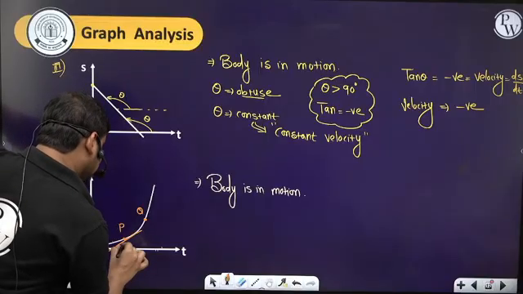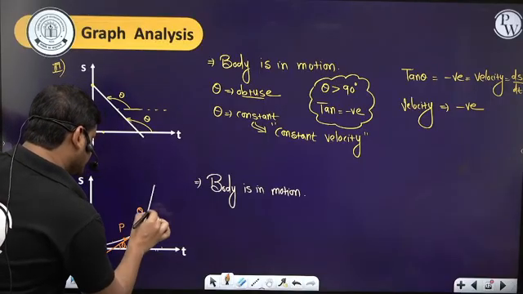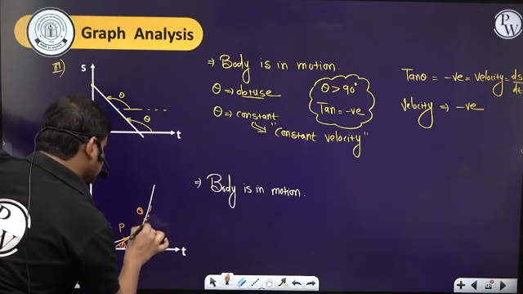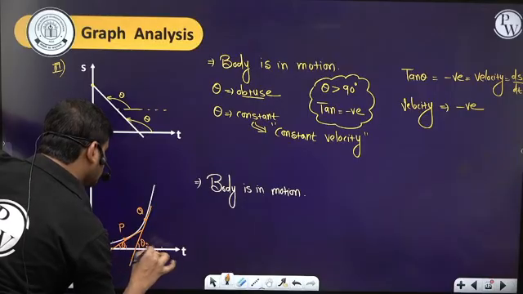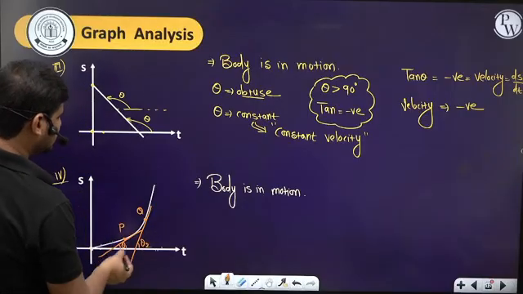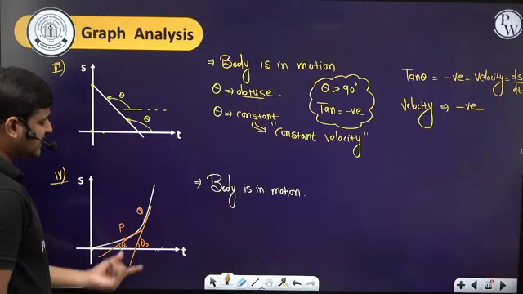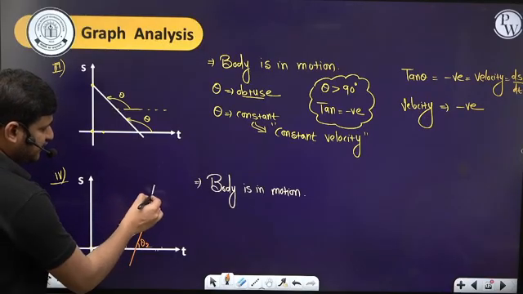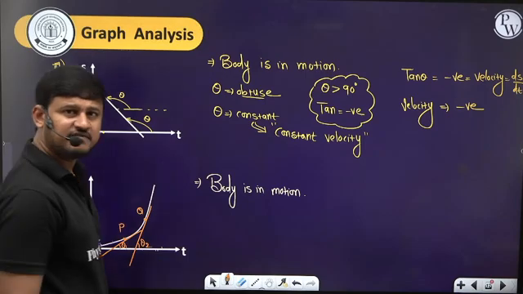This tangent is making theta 1. Now at Q, if you want to find the velocity, it is theta 2. We can say that theta 2 is greater than theta 1. Here theta is different, here theta is different. If you take some other point, again the theta will be different.